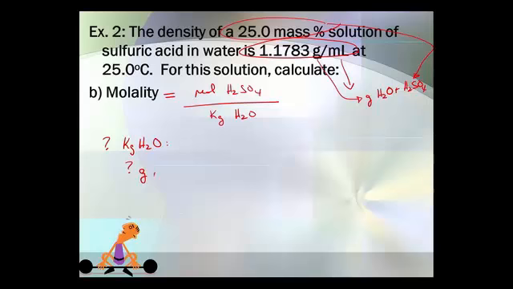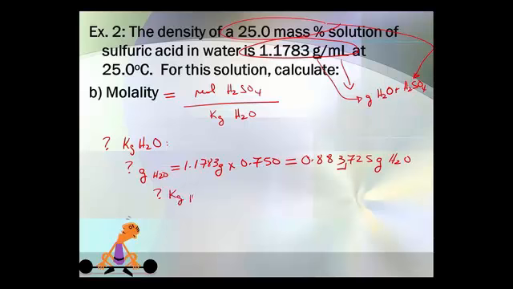Let's start first with the grams of water. Out of 1.1783 grams, 0.750 of it belongs to water. And we're carrying 3 significant figures.